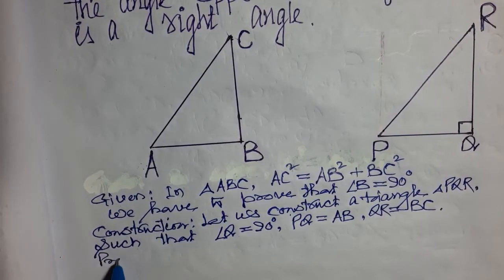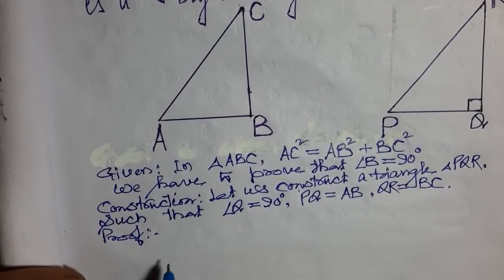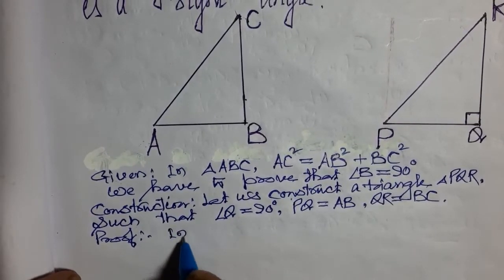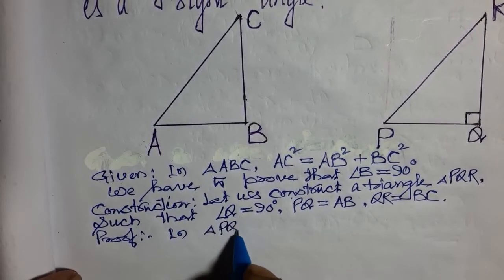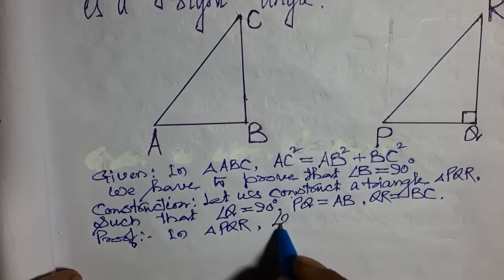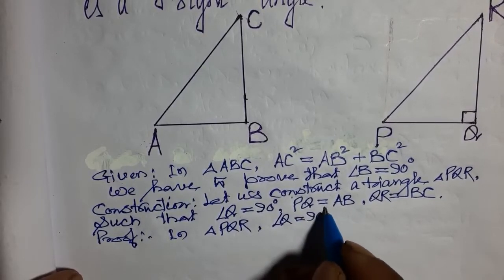Proof. In triangle PQR, angle Q is equal to 90 degree.